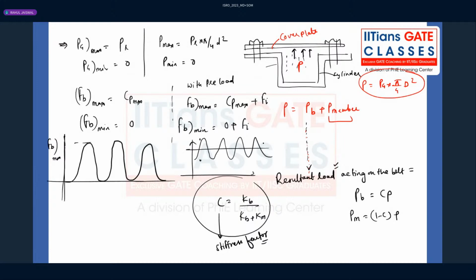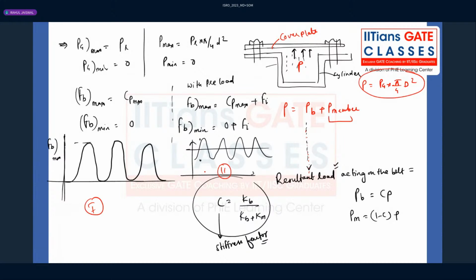Overall, when you ask the design engineer which is the worst loading, this or this, he will say the first one is the worst loading, where it fluctuates as a repeated kind of load from maximum to zero, maximum to zero, right?